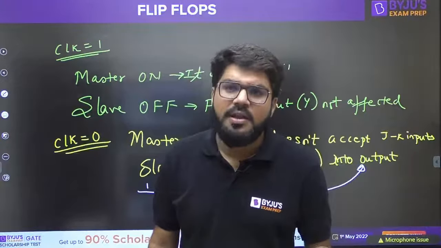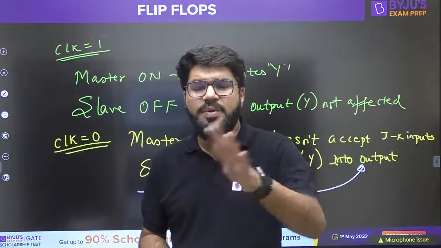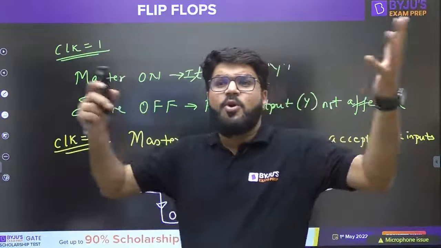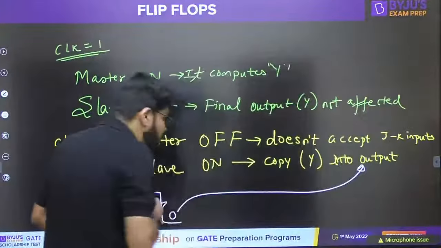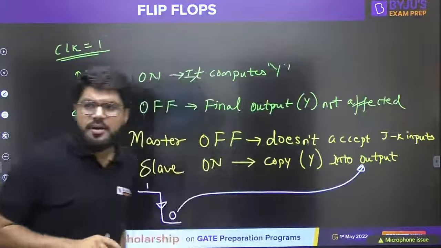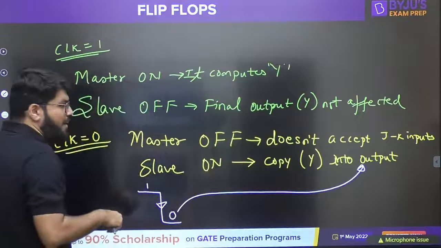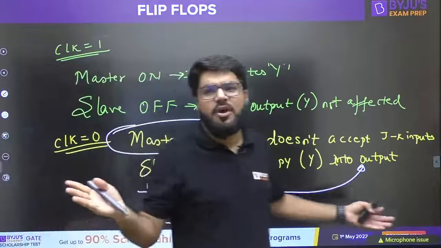Acha sir, will the double toggle occur here? What we saw in the earlier case, once the output toggled, it toggled again, because the door was open and the JK inputs were accepted again and again. But here, once you get the new output, when the slave is on, at the same time the master is off.